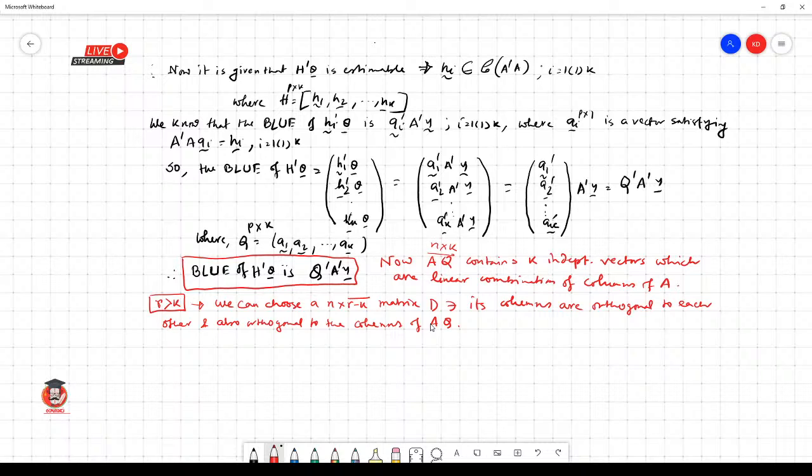The procedure is, first you find r minus k independent vectors from the column space of A, and then using the Gram-Schmidt orthogonalization technique you convert these vectors to orthogonal vectors, and we can construct the D matrix using these orthogonal vectors.